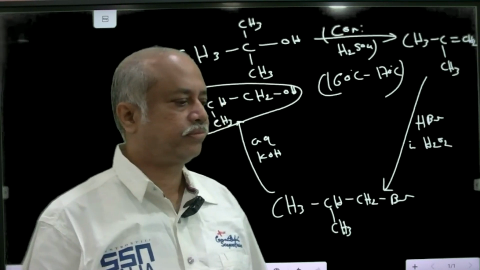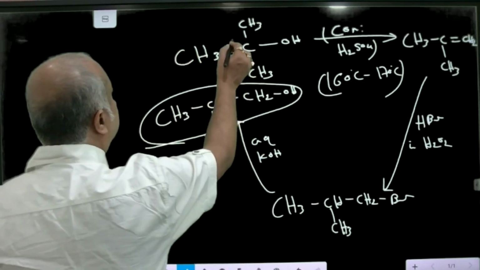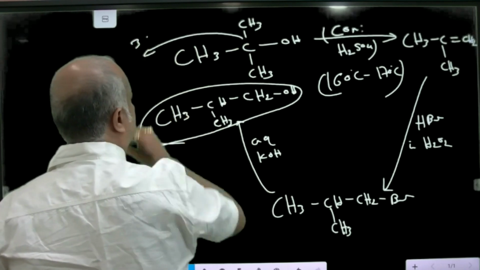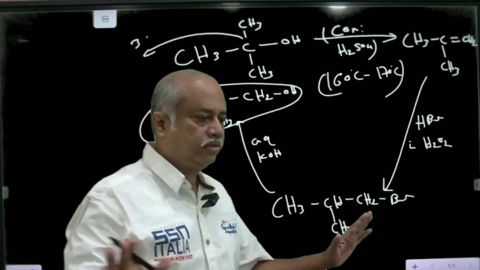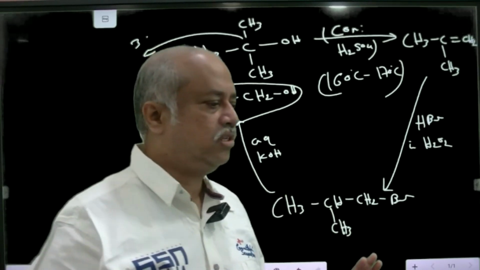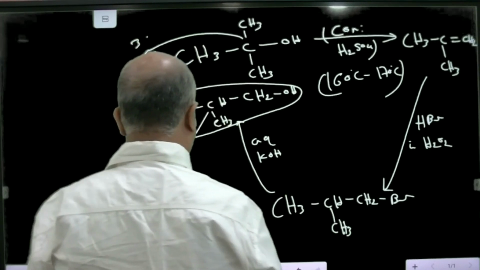Clear? That is 3 degree alcohol, that is 1 degree alcohol. Done? Different types of conversion. Next.